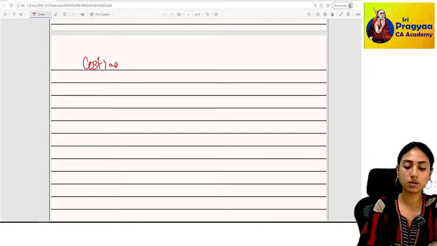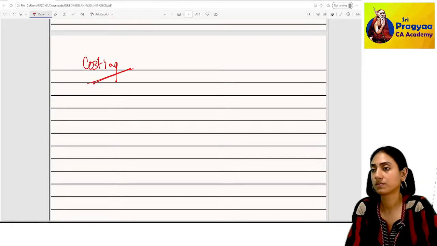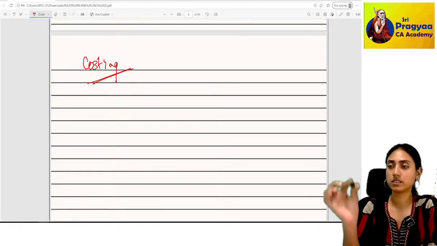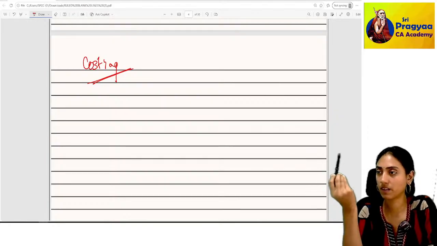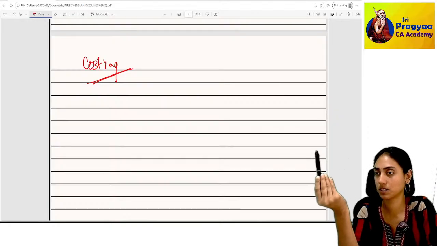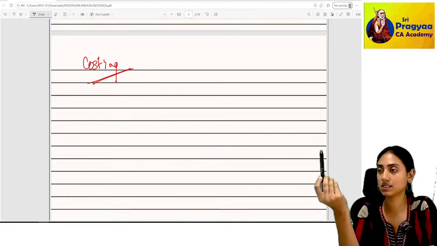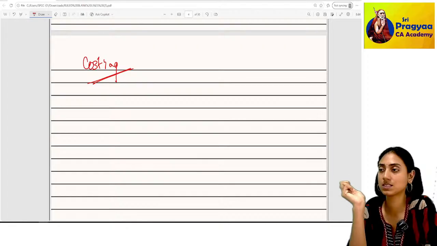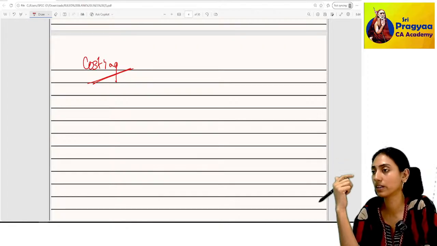Costing. This you will come across in your inter. Wherever there is any product, take this pen. There is a value to it, there is a selling price to it. So that means there is a cost to it. Plus, no one does business non-profit, so there's a profit element.